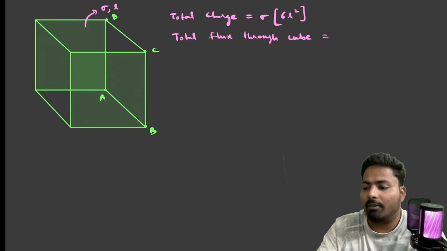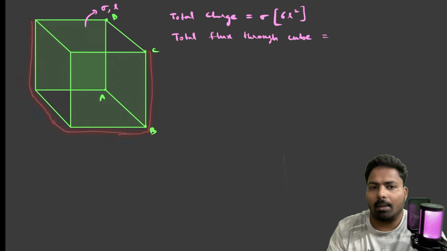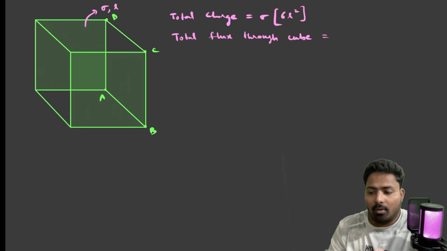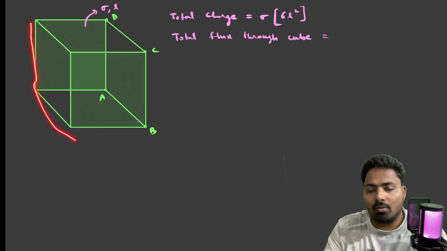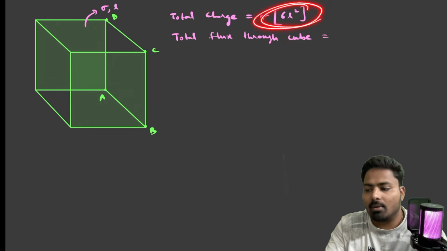If I consider a Gaussian surface in the shape of the cube itself, just covering this cube, the charge present inside that Gaussian surface will be this one.